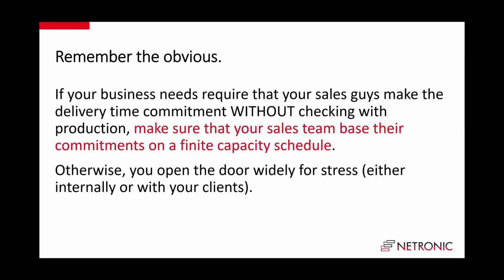But again, if we let the salespeople make a delivery time commitment without checking with production, we somehow need to make sure that the sales team can base their commitments on a finite capacity schedule. So they need to have some transparency into which capacity is planned, which capacity is blocked for the next couple of weeks, months, and whatever.